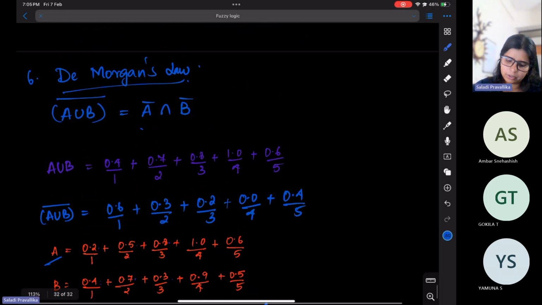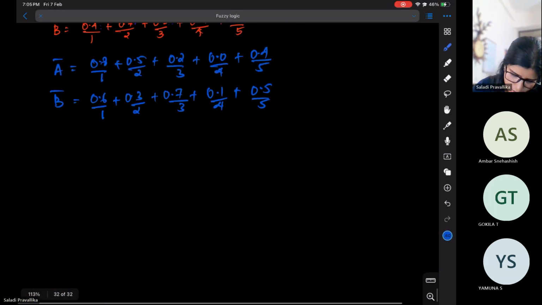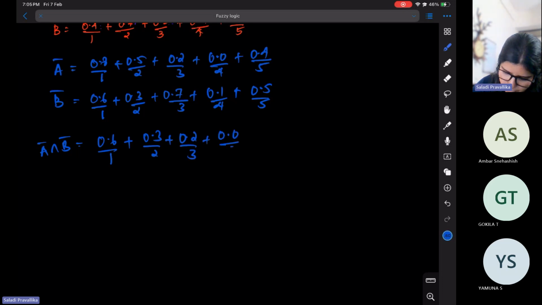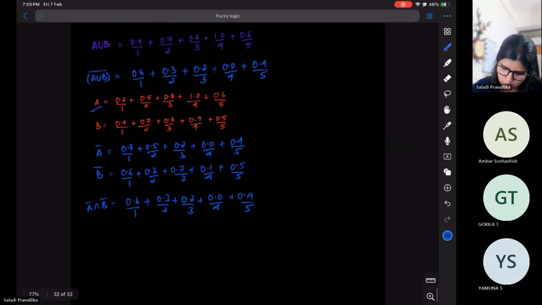Now we are going to take the intersection between A bar and B bar. So that is the minimum values we are going to take. 0.6 by 1 plus 0.3 by 2 plus 0.2 by 3 plus 0 by 4 plus 0.4 by 5. Okay.